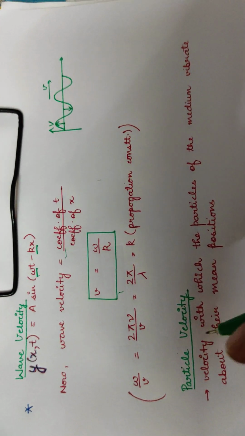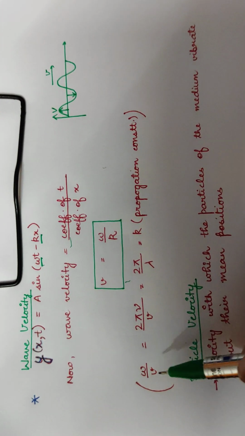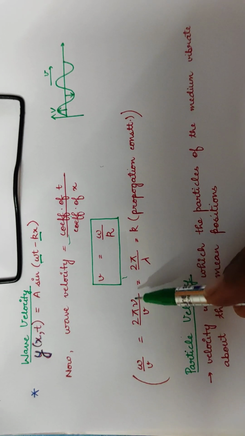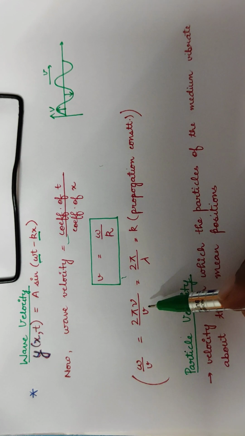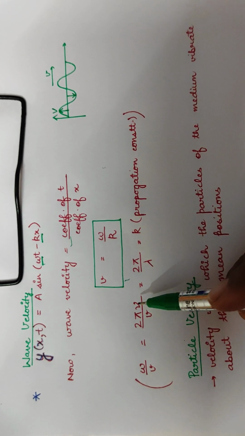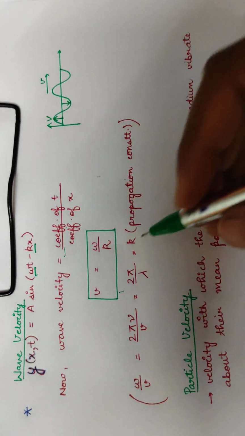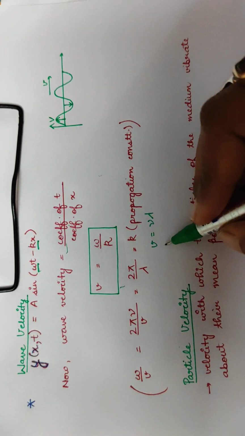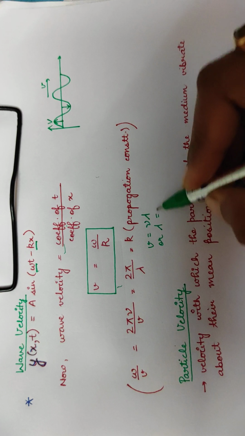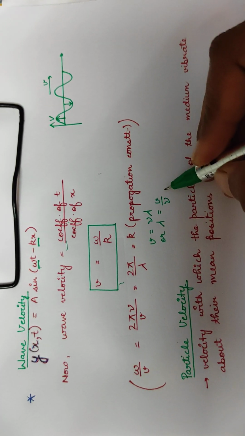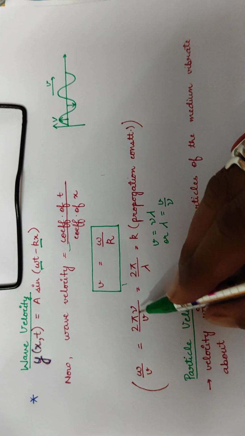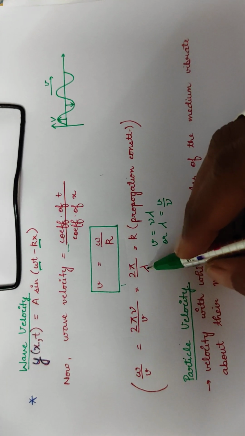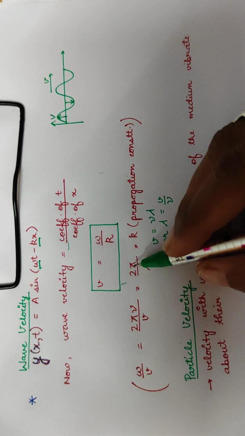You have also derived this by using omega upon v. What is omega in terms of nu? It is 2 pi nu upon v. Or you can write nu upon v as 1 by lambda, because v is equal to nu lambda. So it gives you 2 pi by lambda.